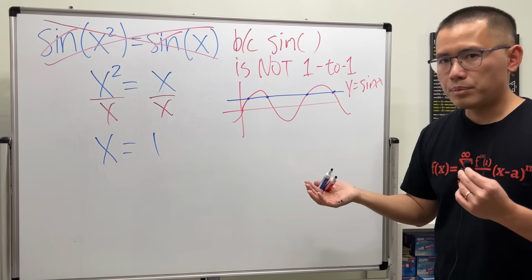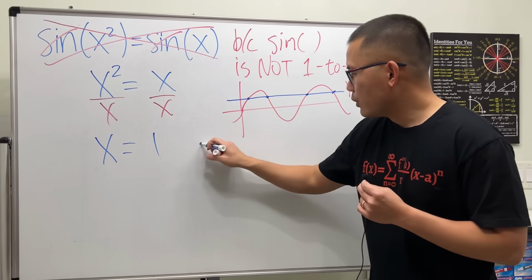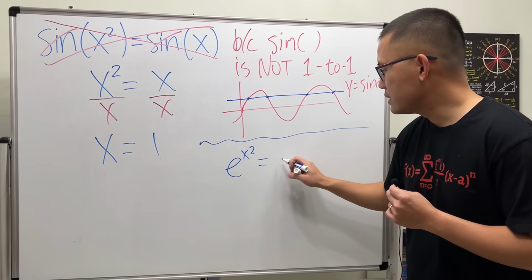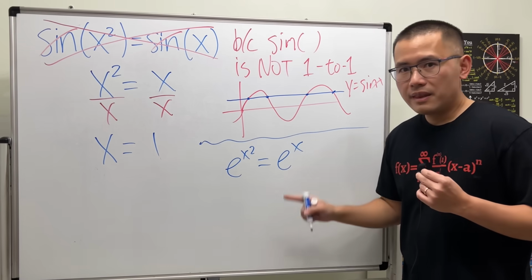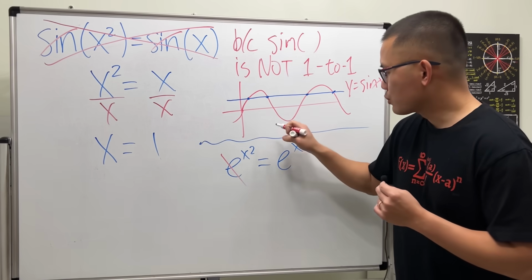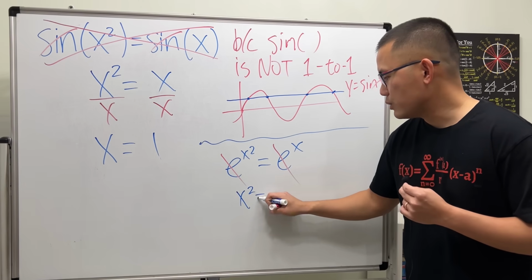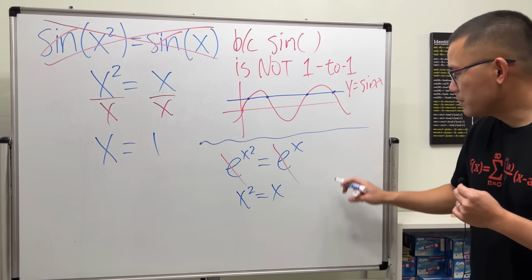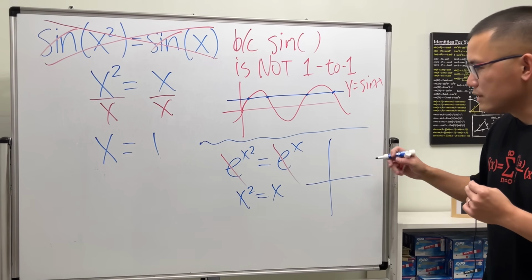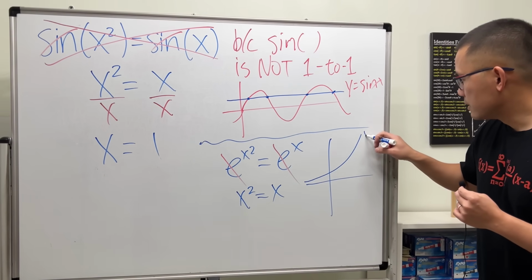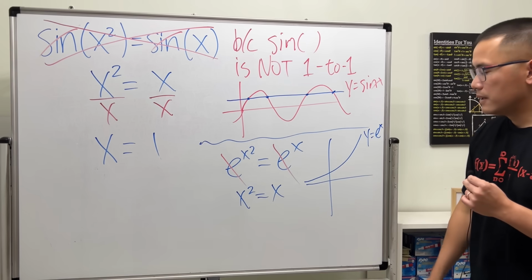So here's an example of a one-to-one function. Suppose we have e to the x squared equals e to the x. Then in this case, yes, you can really just cross out the e, and then you can just look at x squared is equal to x. And the reason is because if you look at the graph for e to the x, this is y equals e to the x.